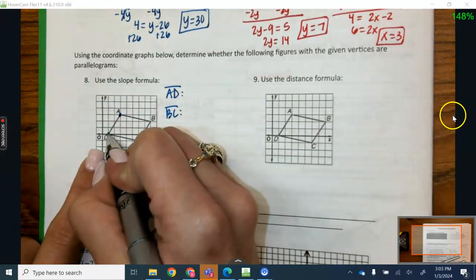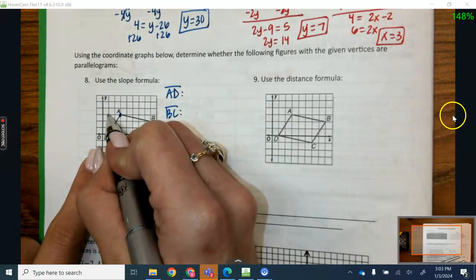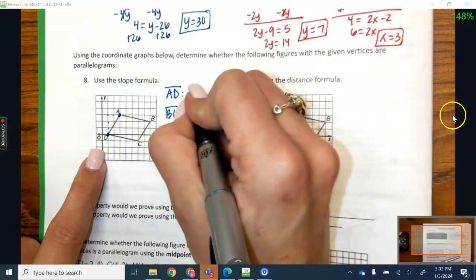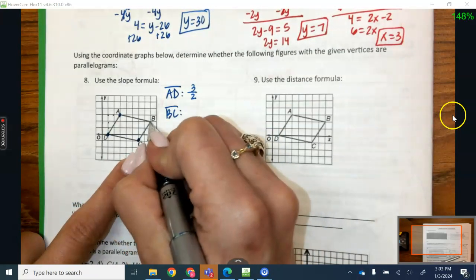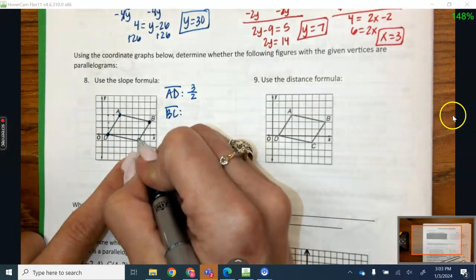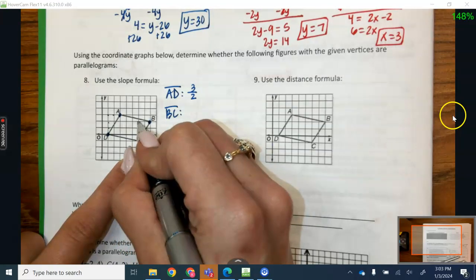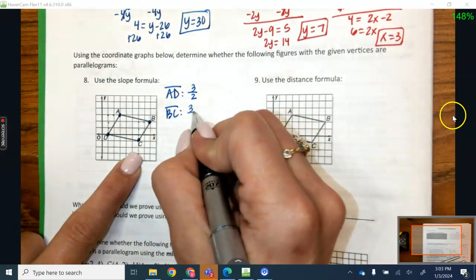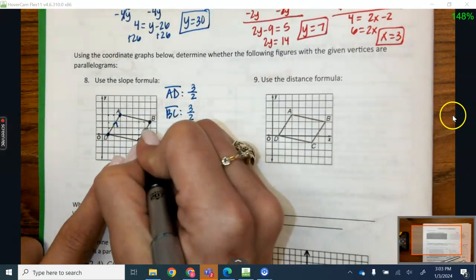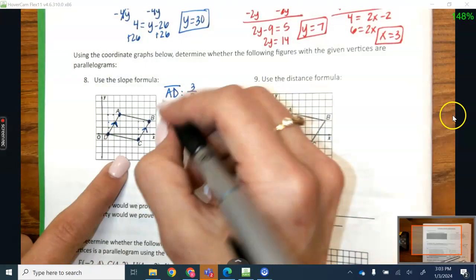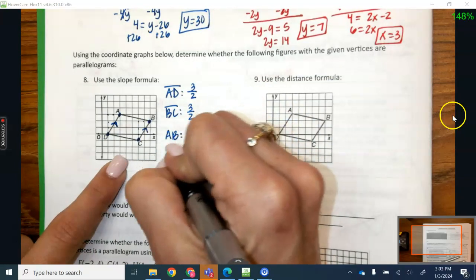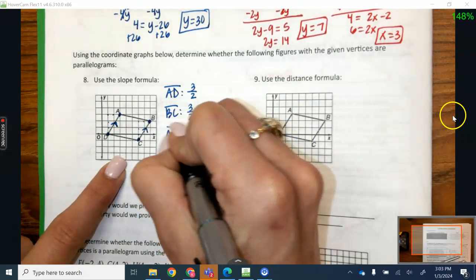Okay, rise over run. From D to A, I go up 1, 2, 3, right 1, 2. So that slope is 3 over 2. Over here, from C to B, rise over run, up 1, 2, 3, right 1, 2. So these two sides are parallel. Now I have to test the other pair of opposite sides, AB, DC.